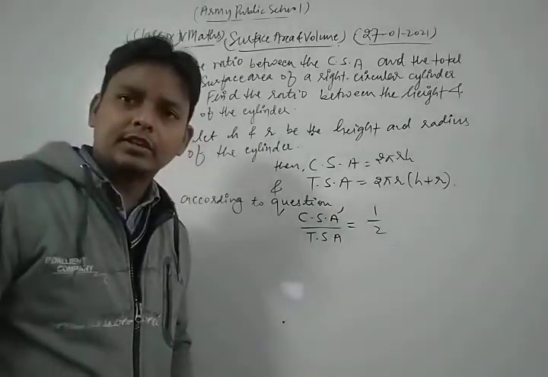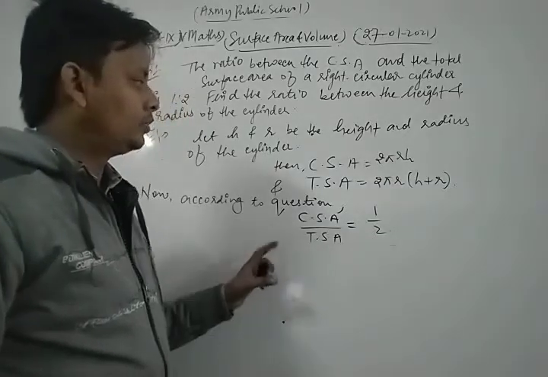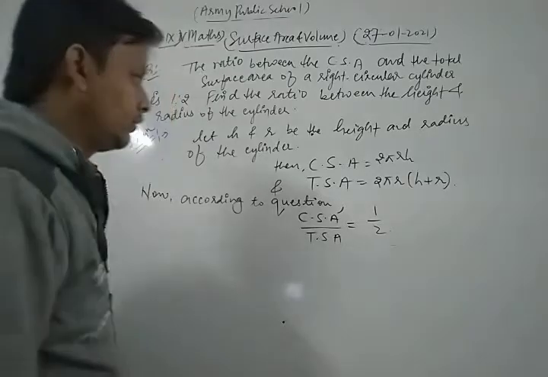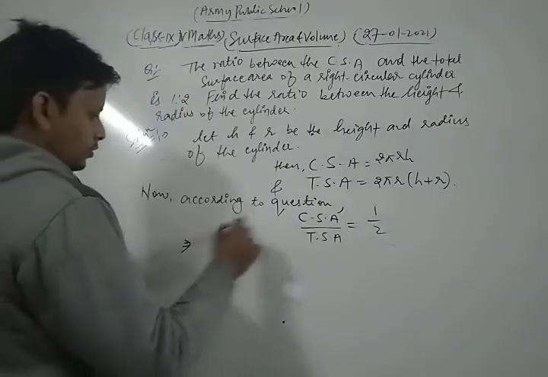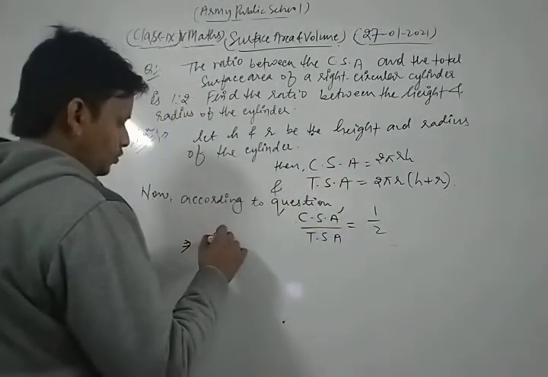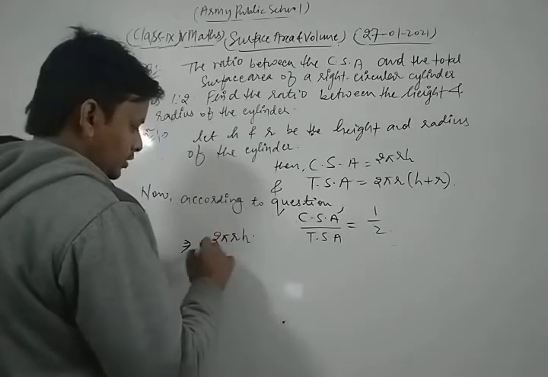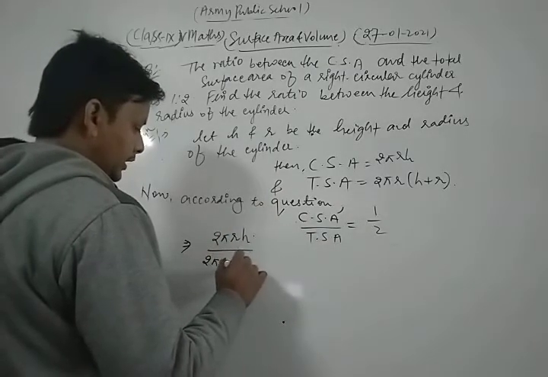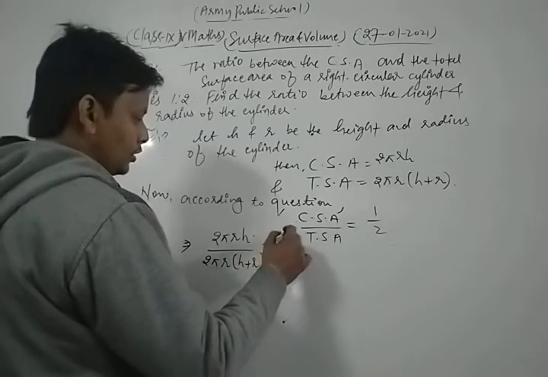This is the condition here. Now we put the values of CSA and TSA in that relation. So CSA is 2 pi r into h upon TSA, which is 2 pi r (h plus r), is equal to 1 upon 2.